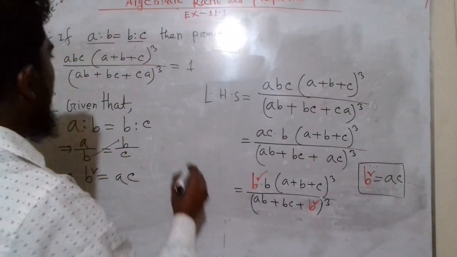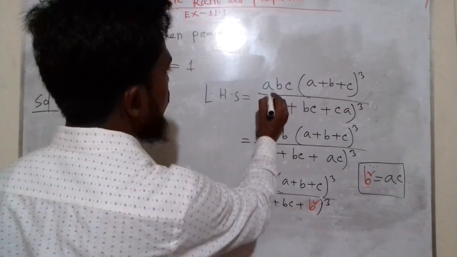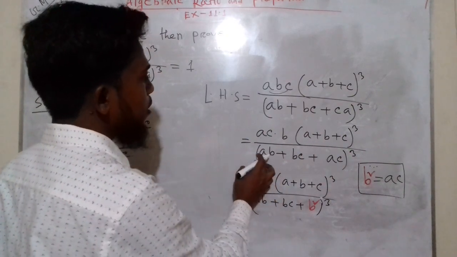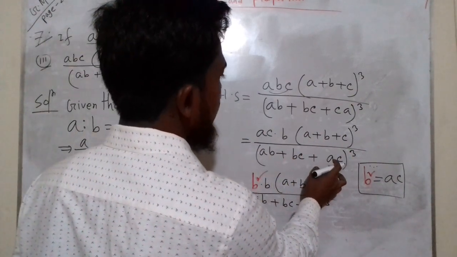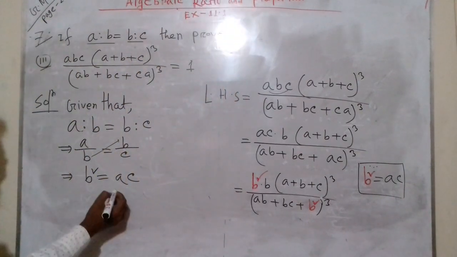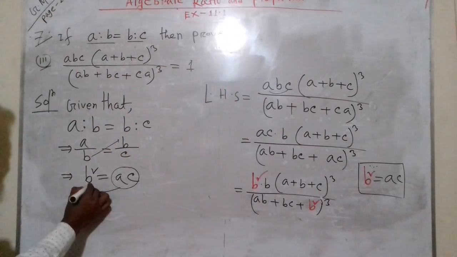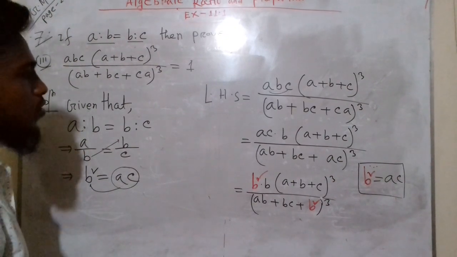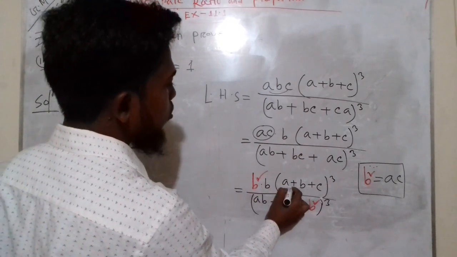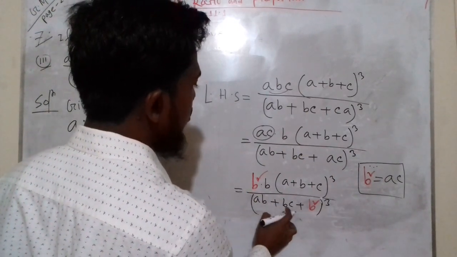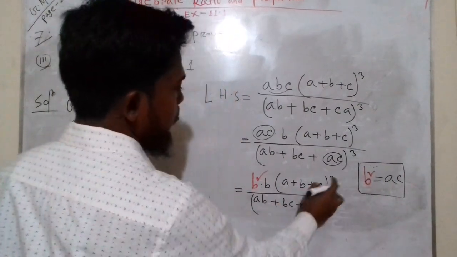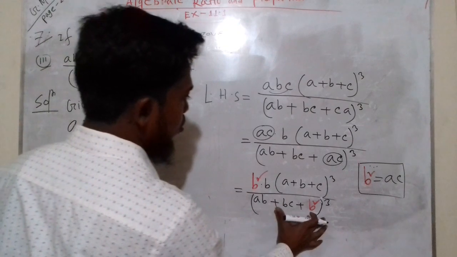So here we can write ac into b into a plus b plus c whole cube divided by ab plus bc plus ac whole cube. So here we put ac equal to b square. So b square into b into a plus b plus c whole cube divided by ab plus bc plus ac, that means b square, so b square into whole cube.